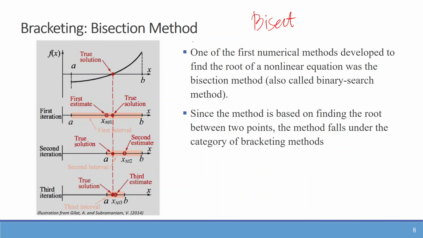The bisection method is also known as the binary search method. This is a method in finding the root between 2 points. Just what I have shown earlier, there are 2 points, and then we are going to test if a root exists between 2 points, and then test to get a new root, and then test if we are going closer to our root.